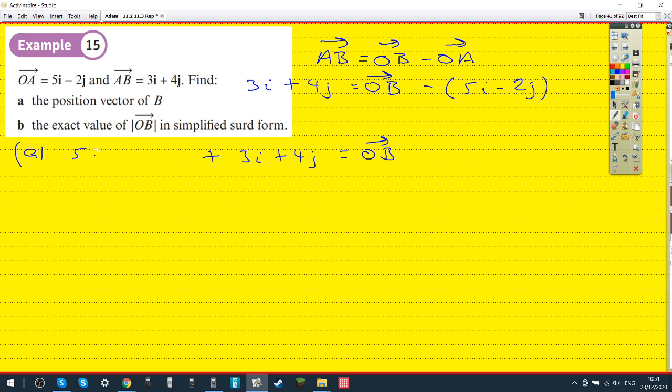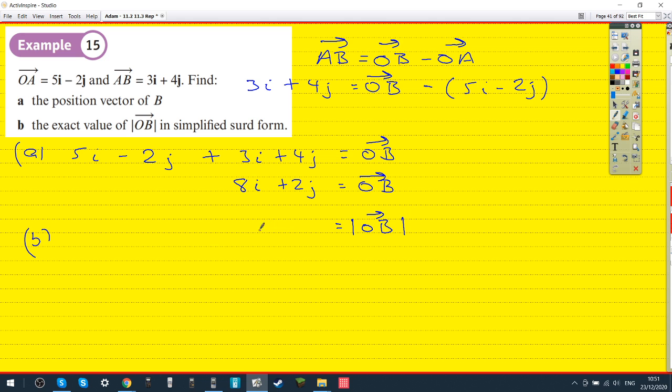And then how about B? Magnitude of OB: 8 right, 2 up, so it'd be 8, 2.